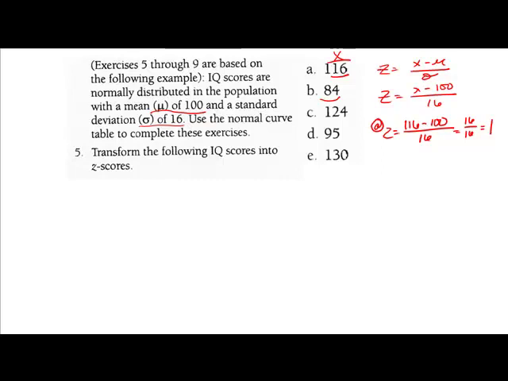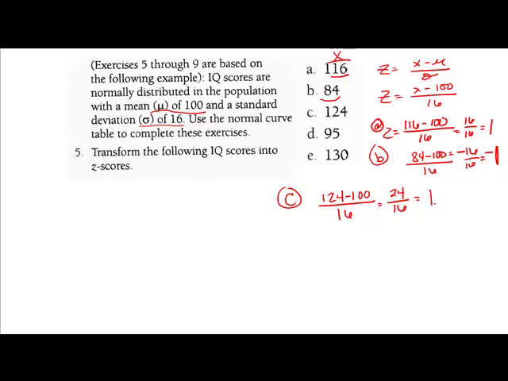B, 84, is going to be 16 on the negative side, because 84 minus 100 equals negative 16, which is going to be a negative 1. C, 124 minus 100 divided by 16 equals 24 divided by 16. This is 1 point, it's not quite double, it's 1.5.